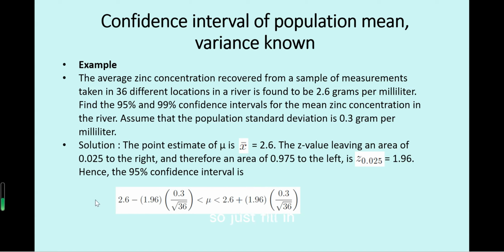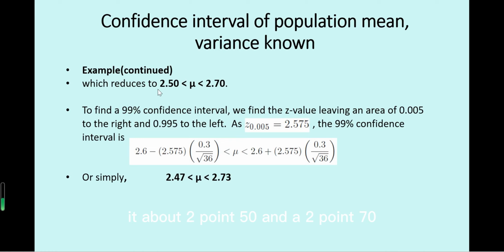Just fill in these items in the formula for the confidence interval, and we get that the population mean mu is between about 2.50 and 2.70, the 95% confidence interval for the population mean.